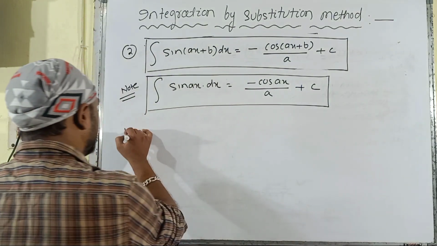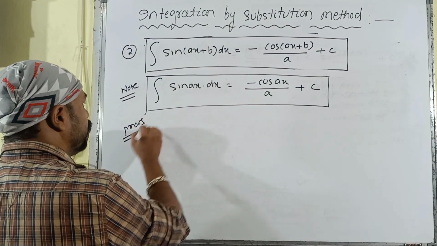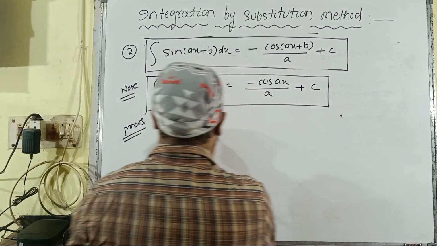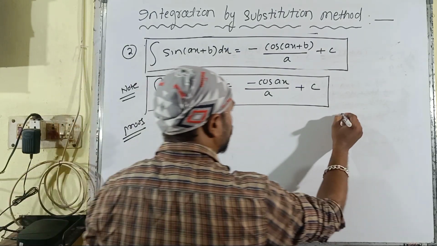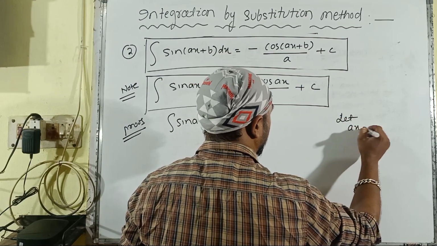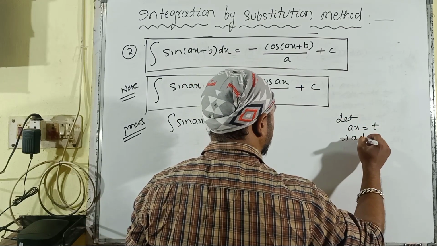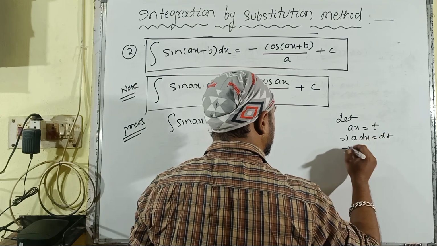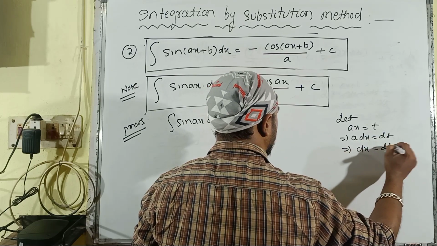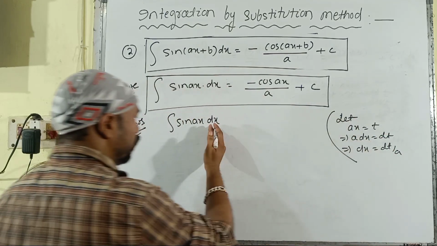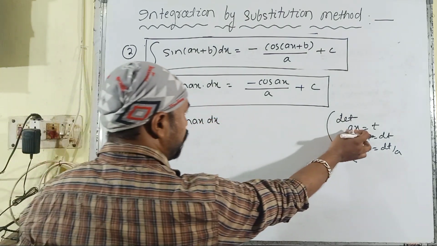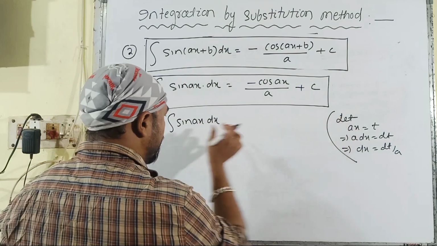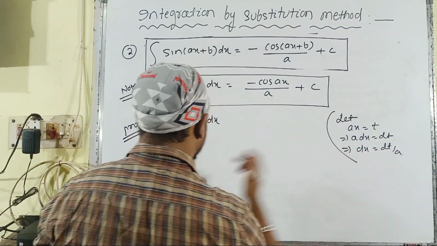So let us go through the proof of this note. We have to integrate sin ax with respect to x. First of all, we consider ax as t, that means a dx is equal to dt, that means dx is equal to dt divided by a, and then we substitute these values here: ax as t, and dx as dt by a.